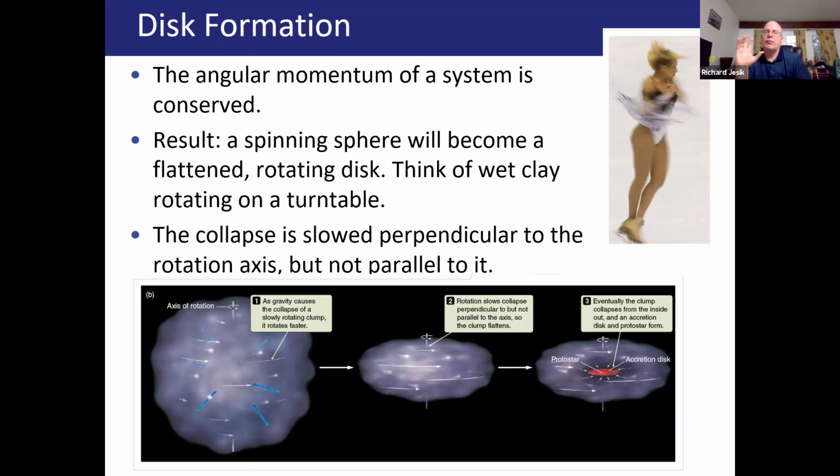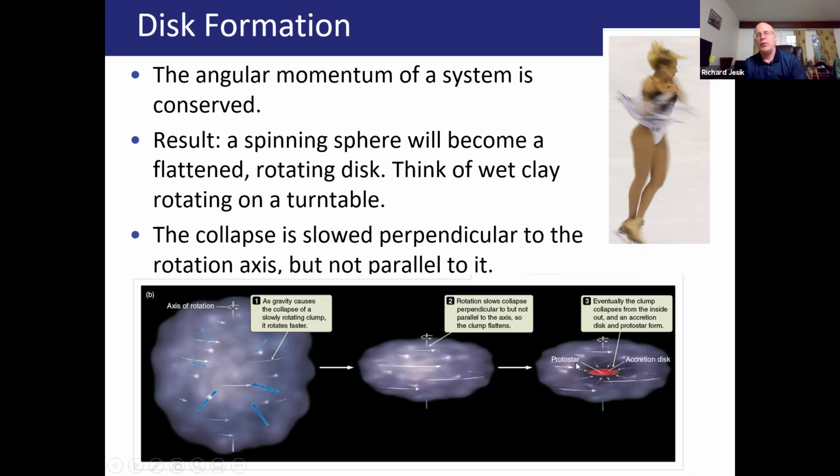But as the nebula flattens out and gets smaller, the core gets hotter. The volume of our cloud is now smaller, so the pressure is increased, and that means the temperature increases. That is most pronounced in the center of the cloud.